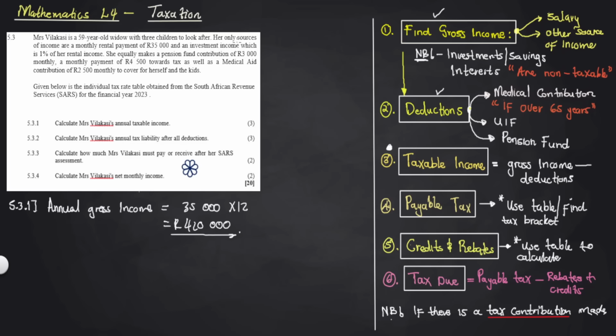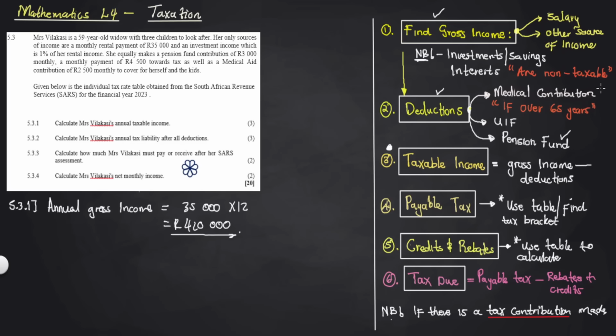Her only sources of income are a monthly rental payment of 35,000 and an investment account which is 1% of her rental income. She equally makes a pension fund contribution. So there's one identified deduction here, it's the pension fund. It continues to say a monthly payment towards tax as well as a medical aid contribution.